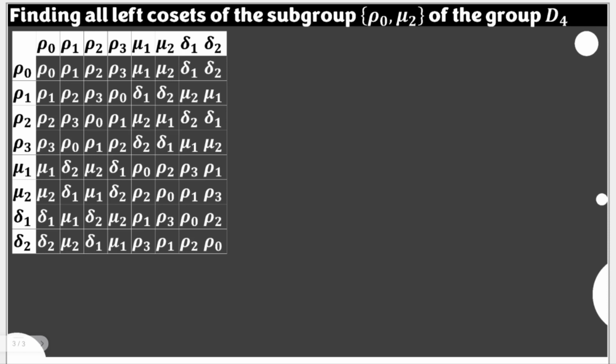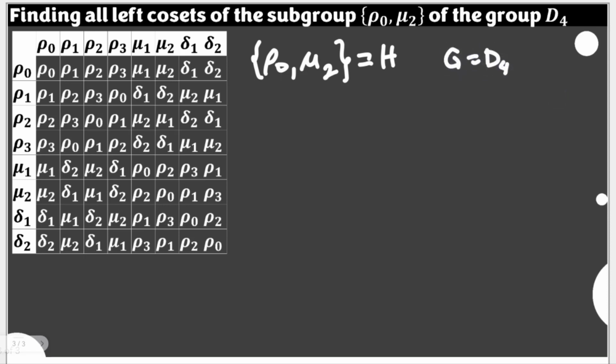Since our subgroup is indicated already by a set containing rho sub 0 and mu2, let us just call this H, because that is how we connect with the idea of cosets and the index of H in G. And our G here is actually our D4.